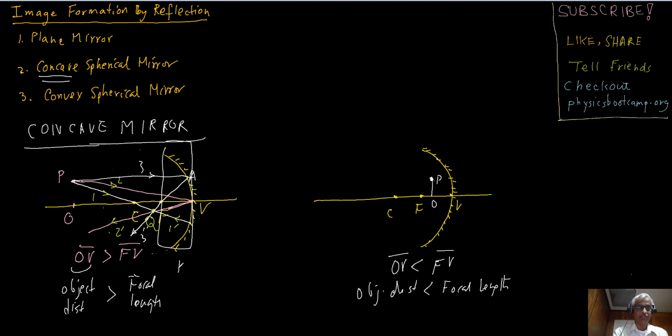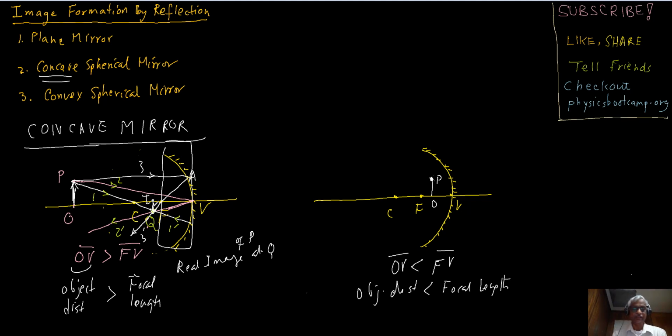Here we got a real image of P at Q, and if you work it out for O, it is going to be on the axis exactly vertically down, and we can call it the point I. And if you have an object like an arrow, it's going to be like this. If the arrow is up like that, it's going to be inverted like that.